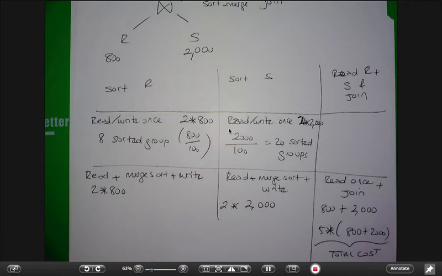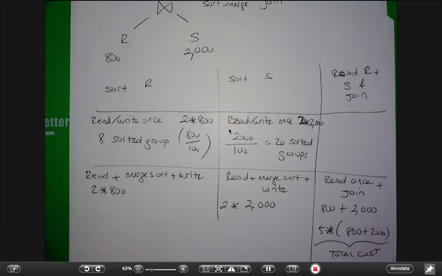Basically, I have 8 sorted groups here and 20 sorted groups here. If I read 1 page from each group here and 1 page from each group there, then all I need to do is find the smallest value here and the smallest value there and check if they join. If they join, I output. Then I read the next one here and the next one there, and if they join, output. I can continue doing this. Every time one of the sorted groups is empty, I read the next page from that one.